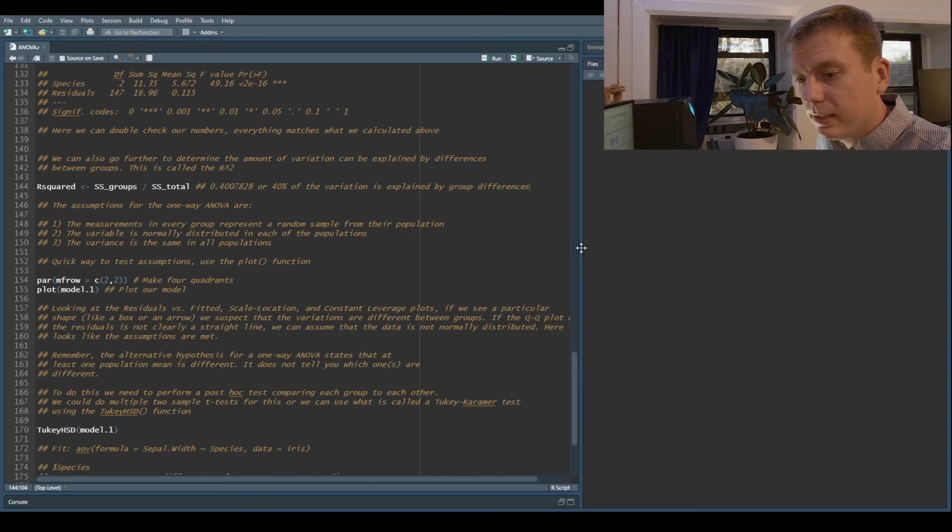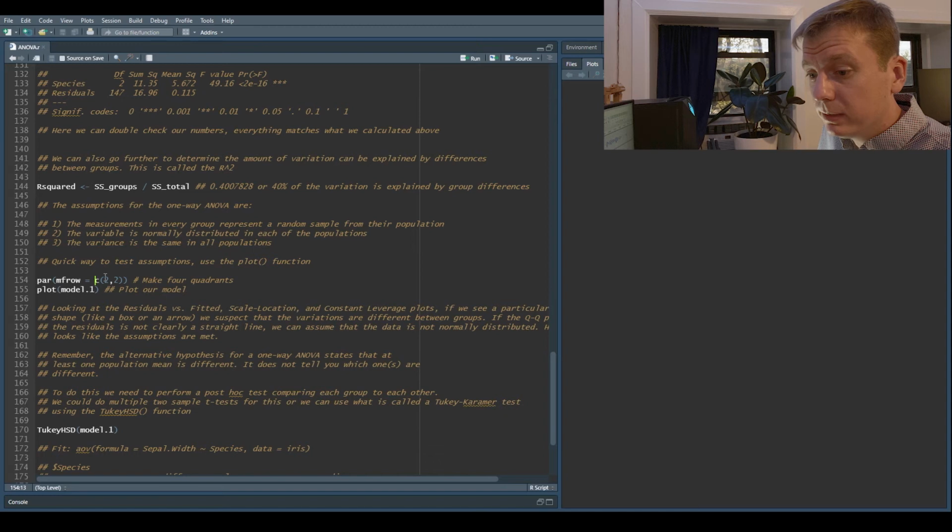What's nice is that it is really easy to test the assumptions for ANOVA in R. After you run your test, you can plot your model, and it will give you some diagnostic plots. So here, first, we want to run par(mfrow = c(2, 2)).